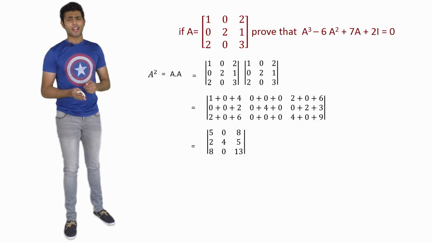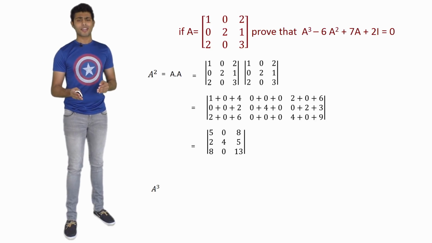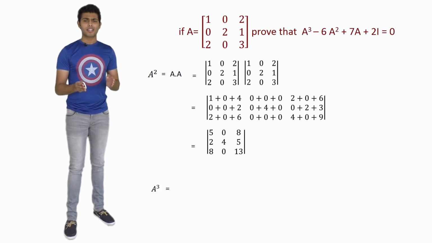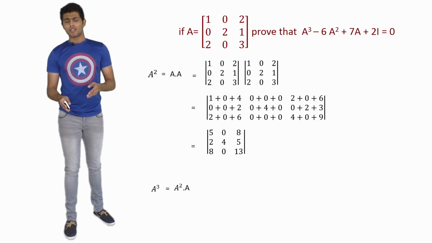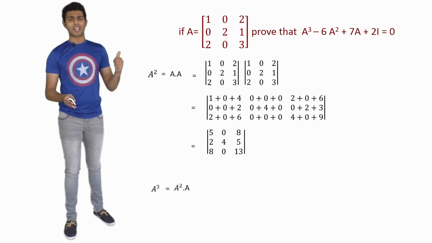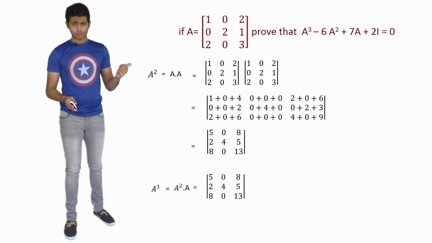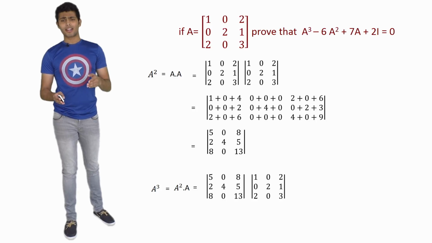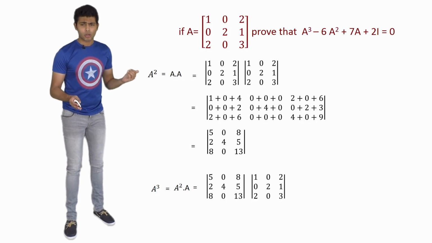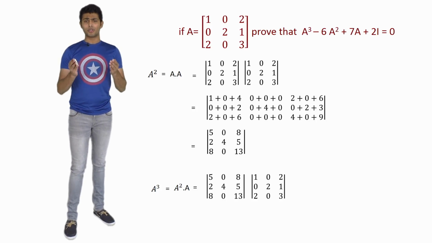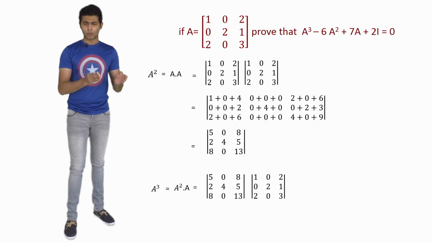Next, what you have to find is A cube. We know that A cube is equal to A square into A. So we're just going to substitute the value of the A square matrix and the A matrix over here, and we're going to get an equation that looks something like this. We're going to do the same thing which we did for the A square matrix and multiply both the matrices.